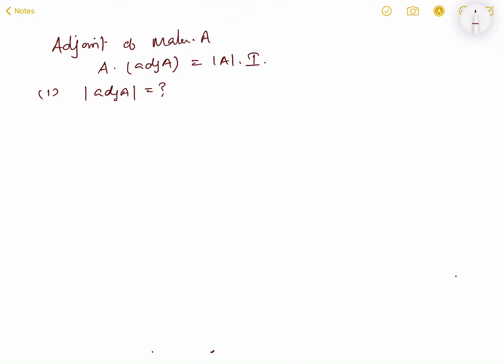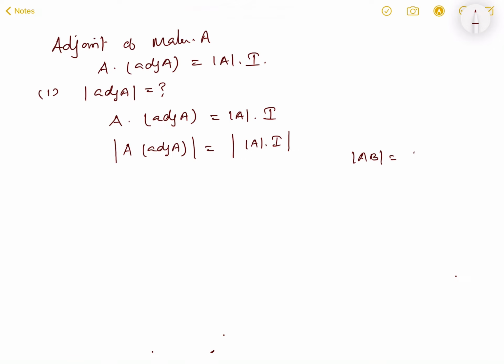The determinant adjoint A, as we know from the theorem, A into adjoint A is equal to determinant A into I. Taking determinant on both sides: determinant of A into adjoint A is equal to determinant of determinant A into I. Now, determinant AB is equal to determinant A into determinant B. This is the property of determinant.